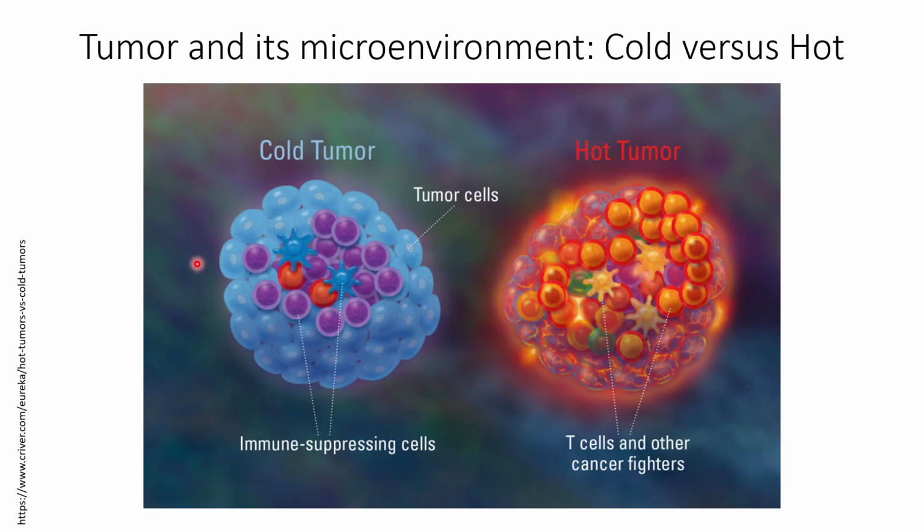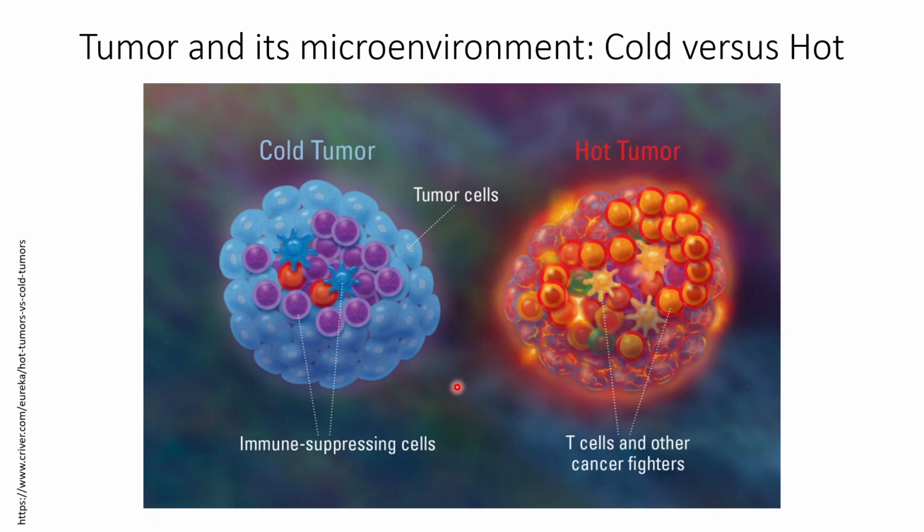So the target in this case would be, if you want to design some therapy, immunotherapy or so on, you'd want to make sure these cold tumors become hot tumors, in the sense you have a lot of T cells and other anti-tumor cells that are able to infiltrate into this tumor and cause a lot of tumor killing.